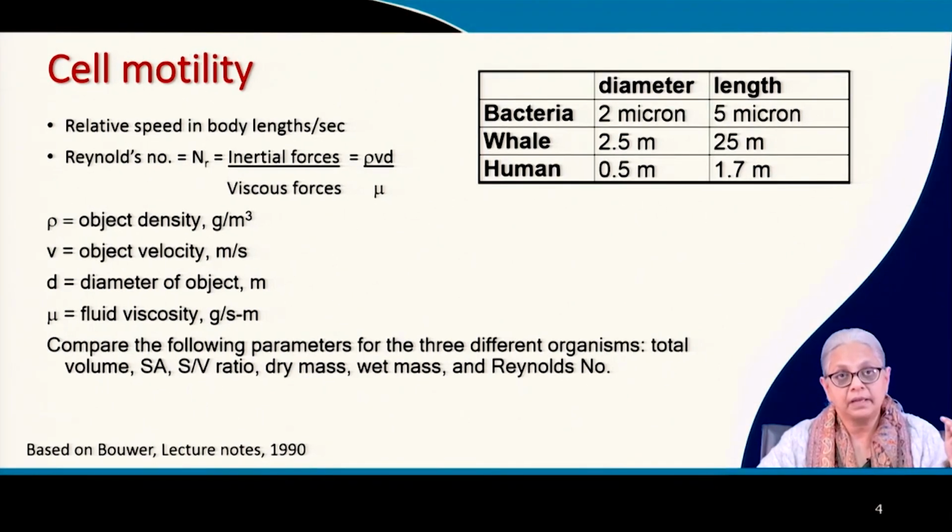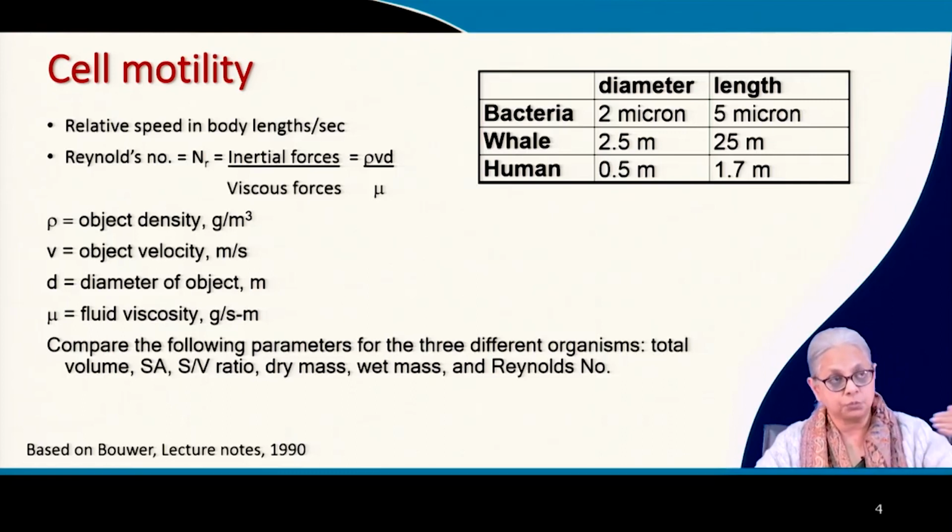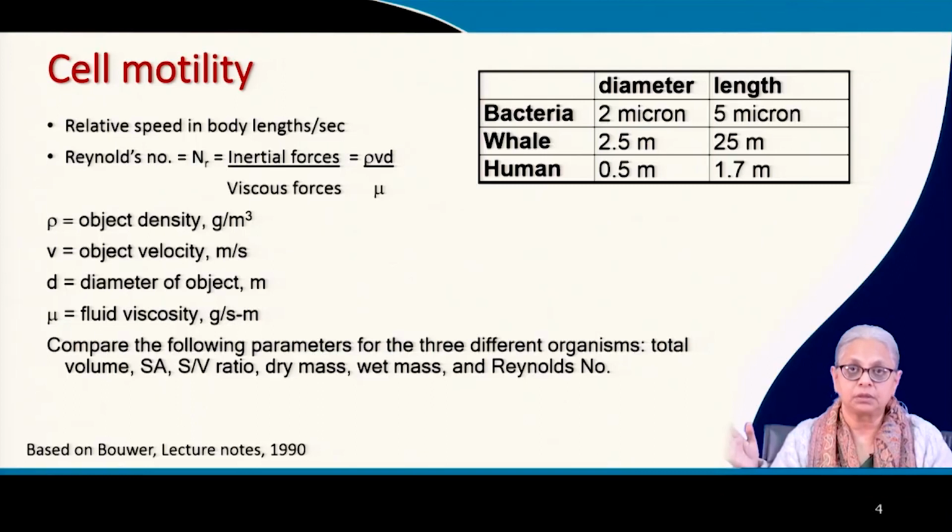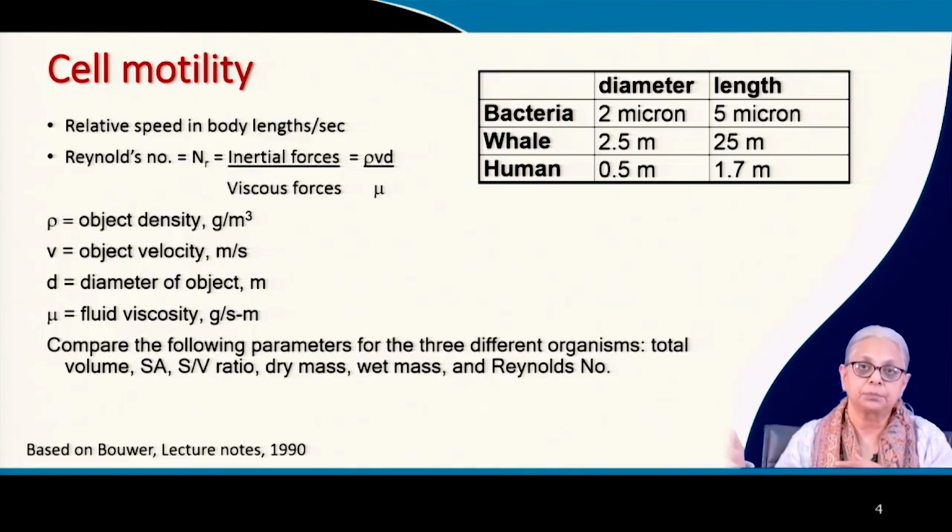I can measure my ability to cover distance while I'm swimming. If I'm swimming, I know how much distance I can cover in a few seconds or minutes and so on. We can convert that to body length because that will put it on a relative scale. So I can measure it in meters per second, or I can measure it in body lengths per second to put it on a relative scale.